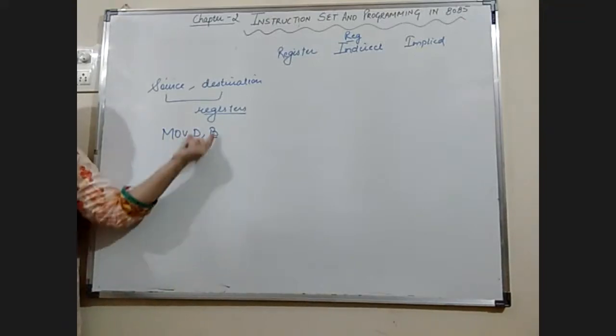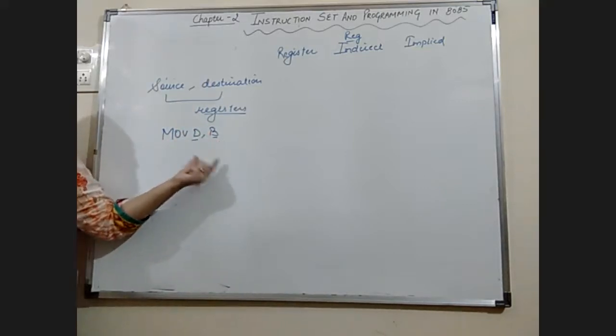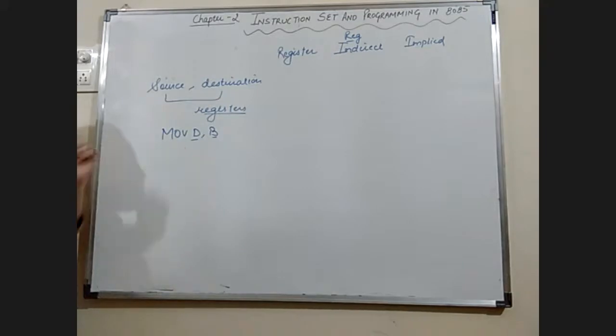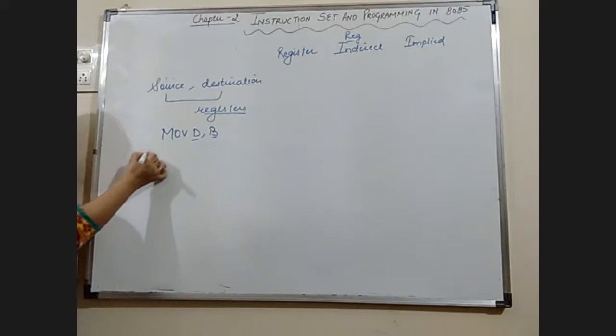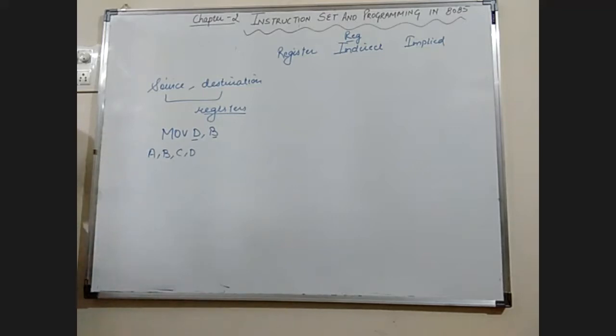If both the source as well as the destination registers are present, those instructions are known as register addressing mode. We have registers like the accumulator, B, C, D. If any of the registers is present, then we can say that the instruction comes under the register addressing mode.